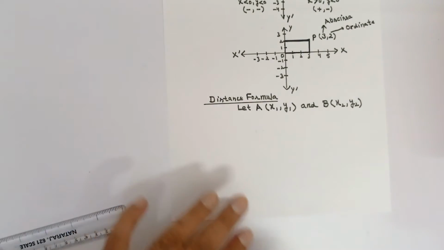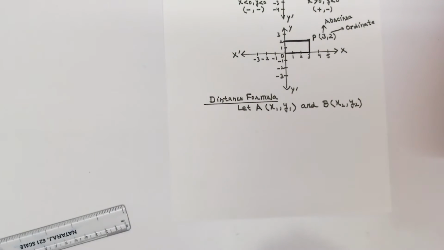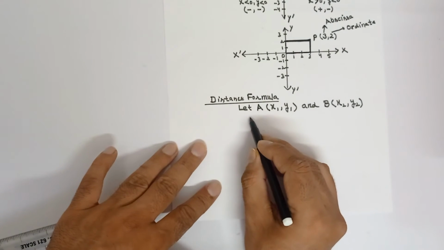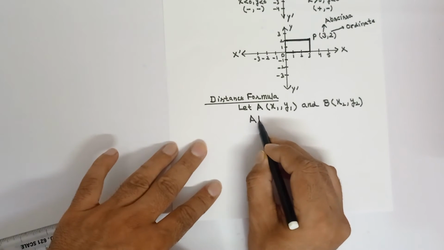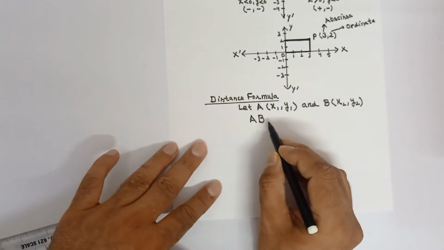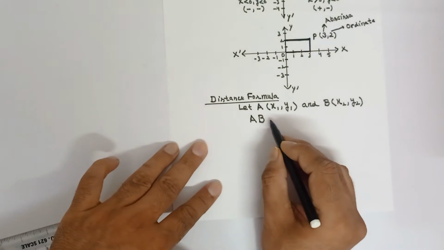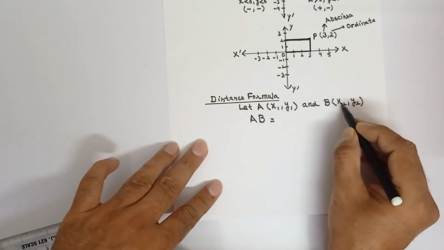These are the 2 points and their coordinates are given. Now we need to apply the distance formula and find the distance. So the distance between point A and point B will be denoted by AB. And what will it be?